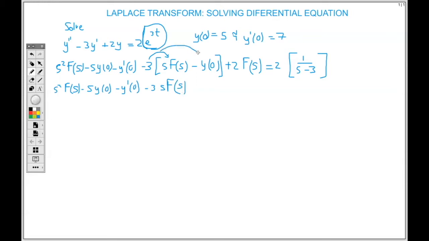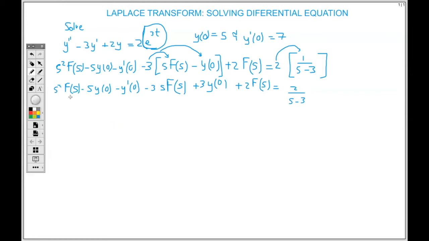Then negative 3 times minus y0 will be plus 3y0. Then we have plus 2 capital Fs. Then 2 times 1, that would be 2 over s minus 3.